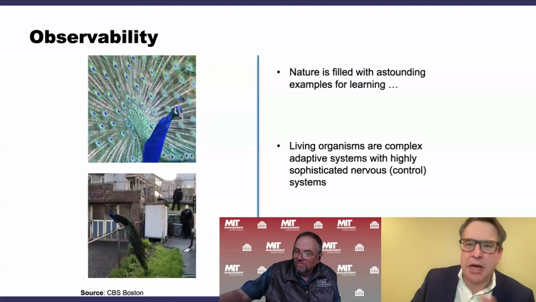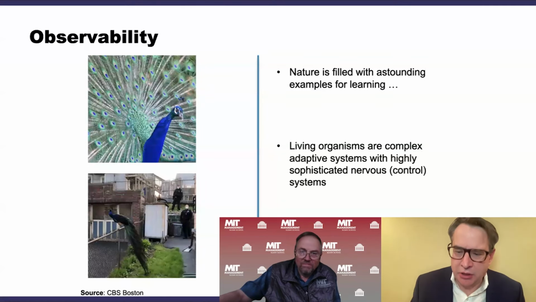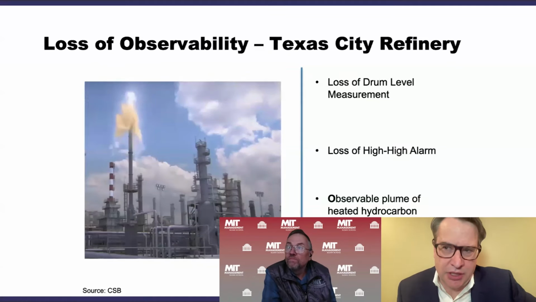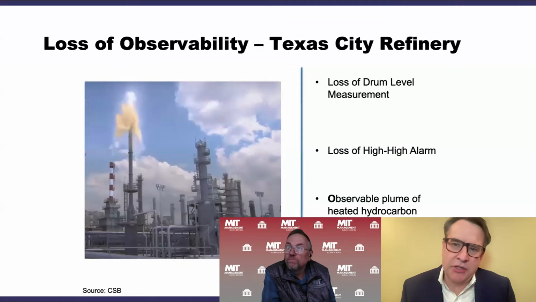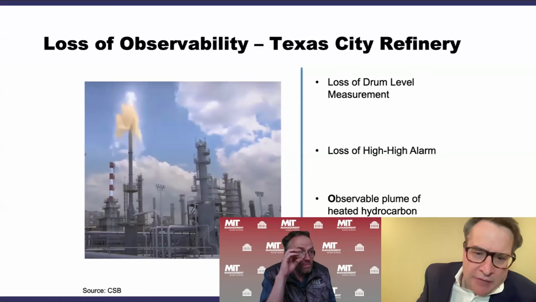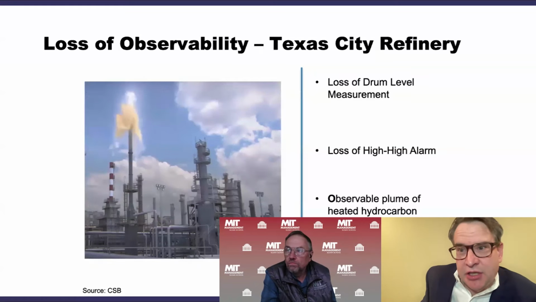Okay, now that is a general example from nature. I want to now take you to something specific as an industrial example, and I want to show you what happens when you lose observability when you really need it. On the left, that is the Chemical Safety Board's simulation of the Texas City refinery explosion.